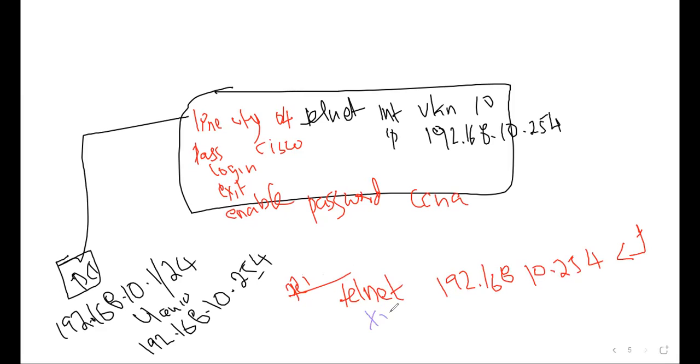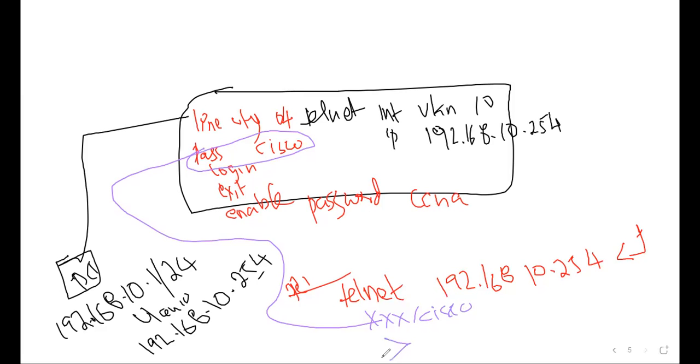I need to put the password. This password is nothing but this password. The moment I put the password, it will enter user mode. Then I need to put enable. The moment I put enable, in order to reach the privilege mode, it's going to ask for the enable password. So I need to set the enable password.